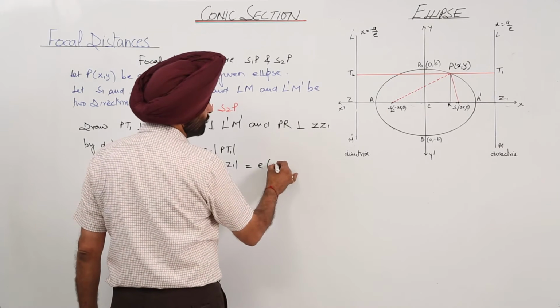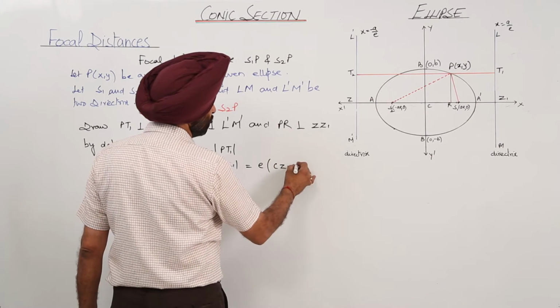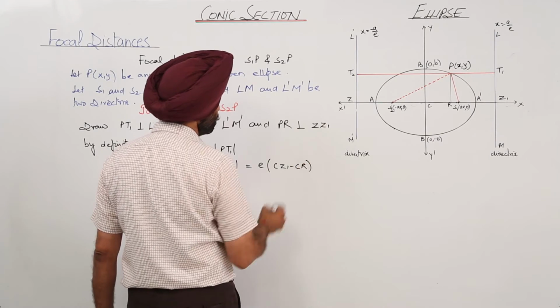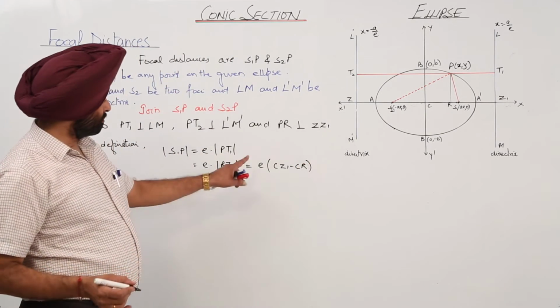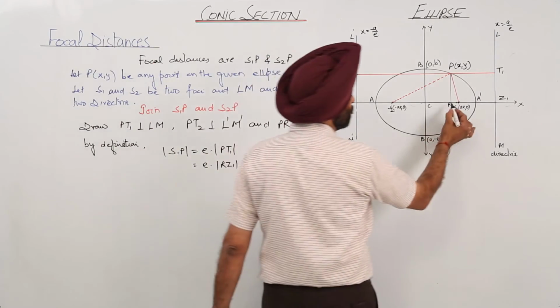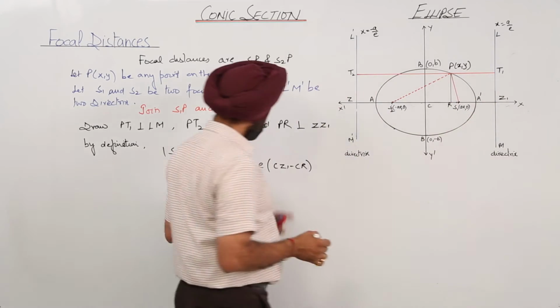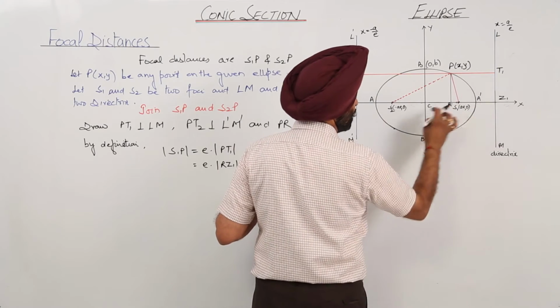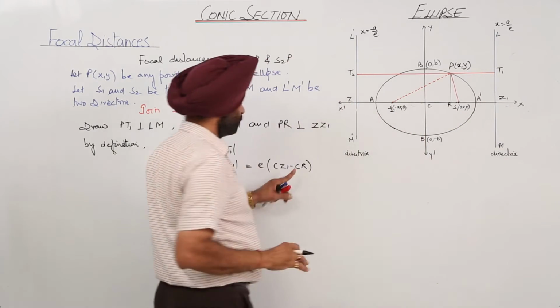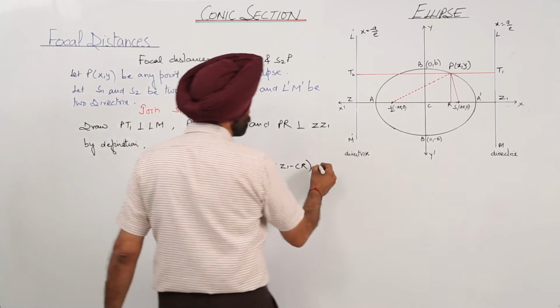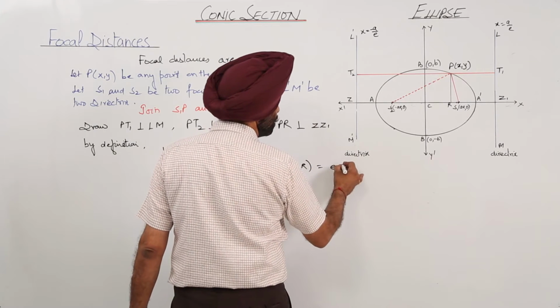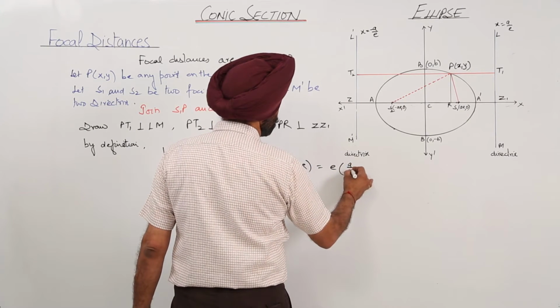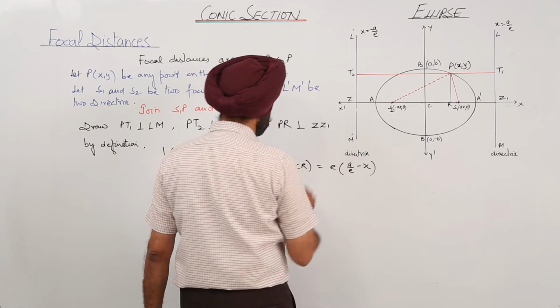Now can we write it as CZ1 minus CR? RZ1 is from R to Z1, so it is CZ1, from C to Z1, minus CR, from C to R. So this further becomes e times (a/e minus x).